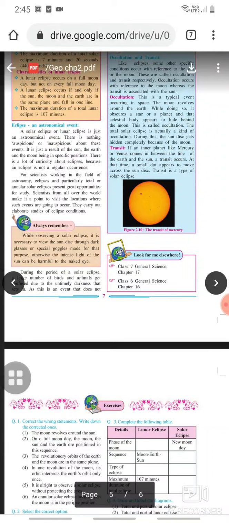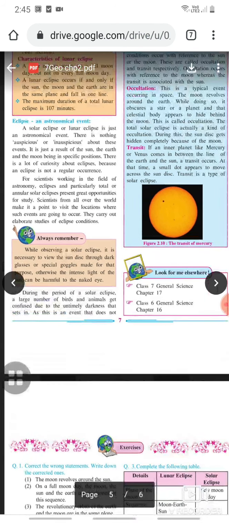Eclipse, an astronomical event. A solar eclipse or the lunar eclipse is just an astronomical event. There is nothing auspicious or inauspicious about these events. It is just a result of the sun, the moon, and the earth being in specific positions. There is a lot of curiosity about eclipses because an eclipse is not a regular occurrence.